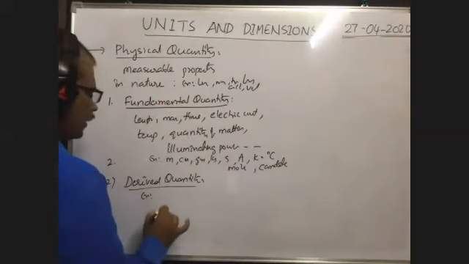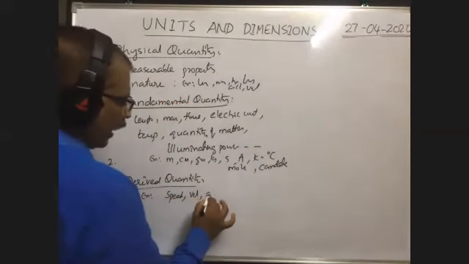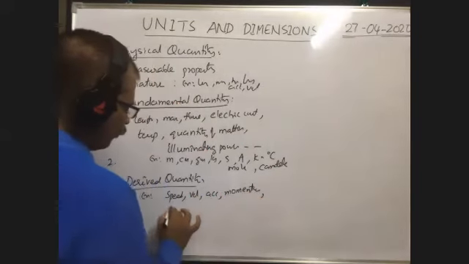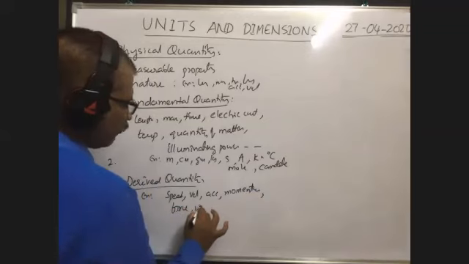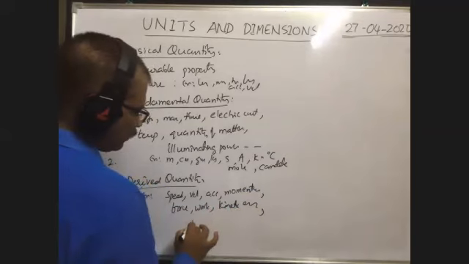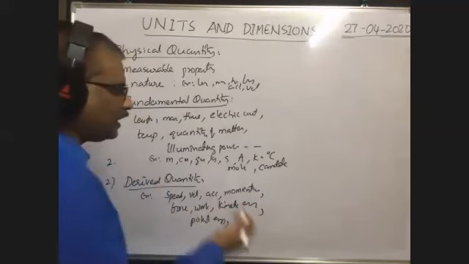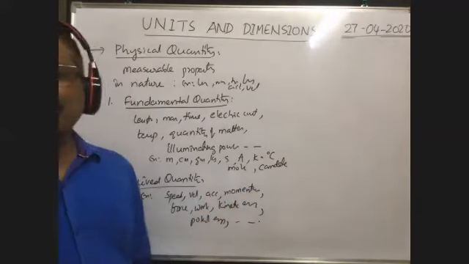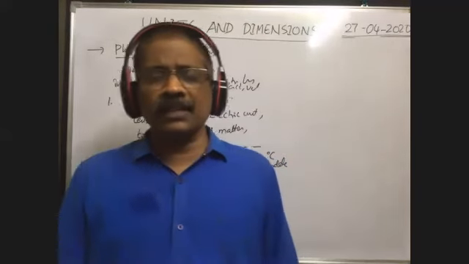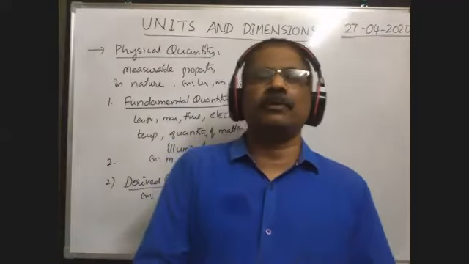We can write speed, velocity, acceleration, linear momentum or simply momentum, force, work, kinetic energy, potential energy, and so on. Frequency is also a derived quantity.